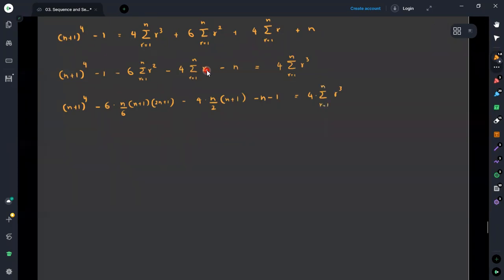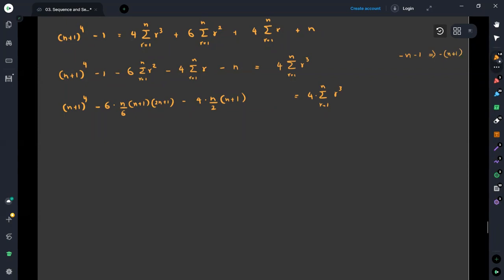Now what we are going to do is we are trying to find out the n plus 1 term. Therefore, instead of writing this minus n minus 1, I will write this as minus times (n plus 1).